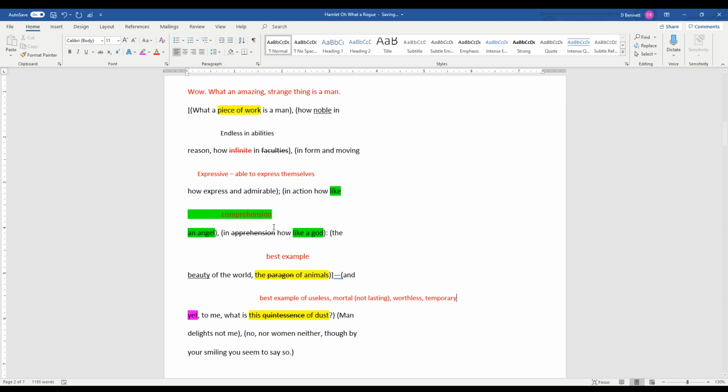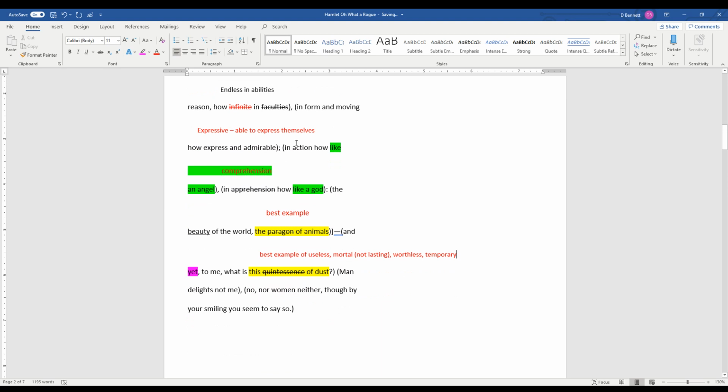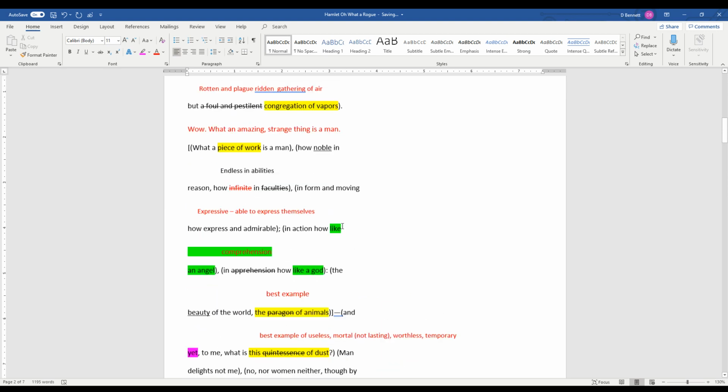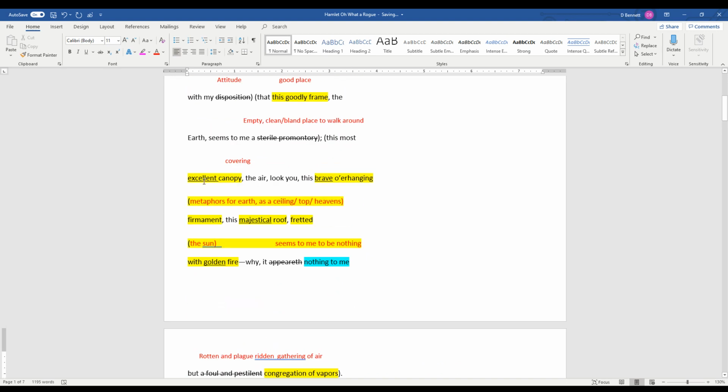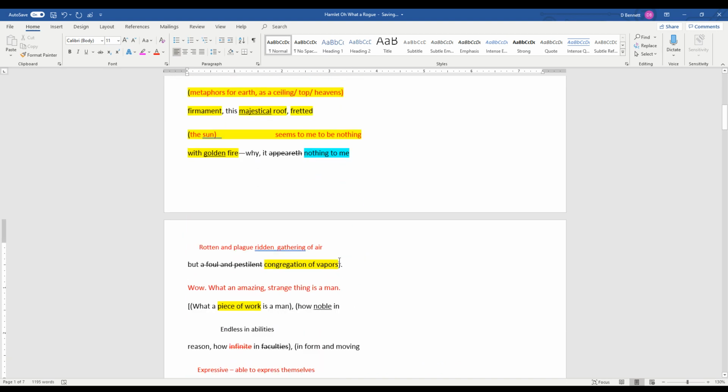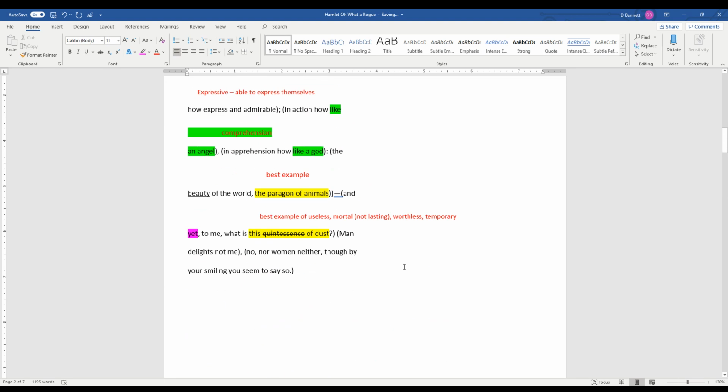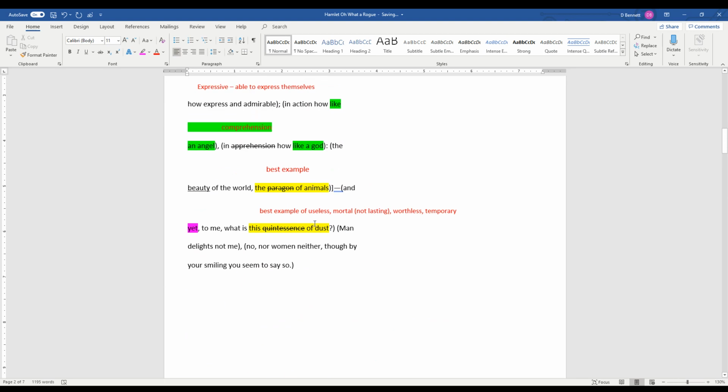And so that's really his main point to Rosencrantz and Guildenstern here. He says, I know that the world is excellent, brave, majestical, golden, but to me, it's just this quintessence of dust, this useless, not lasting, worthless, temporary being.